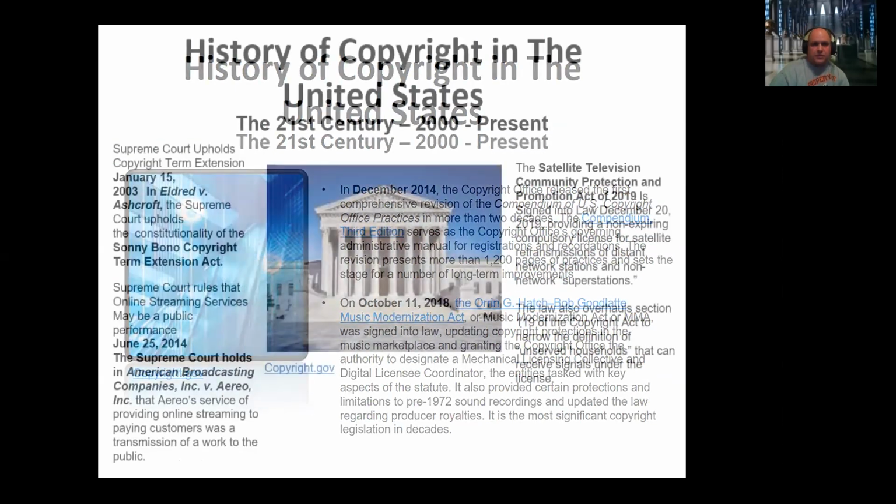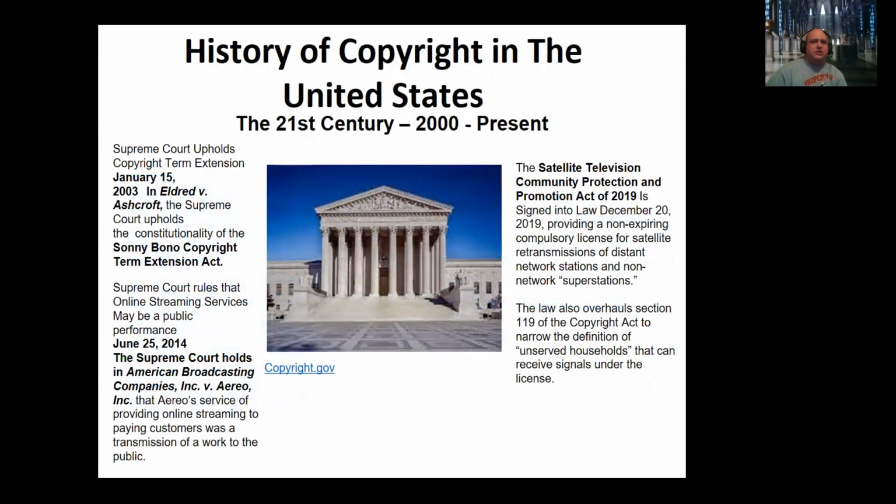Okay. And then a few quick things on this slide here. We have January 15th, 2003, the Sonny Bono went before the Supreme Court in the Eldred versus Ashcroft case, and it upheld the Sonny Bono Term Extension Act. So the Supreme Court has ruled, at least at that date and time, that the constitutionality of the act itself was okay.